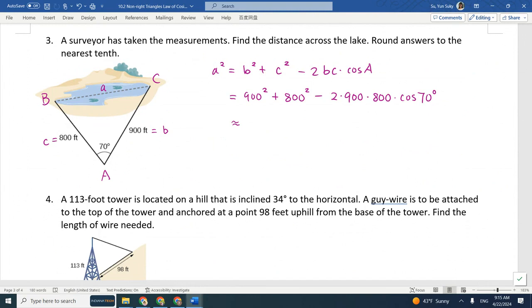Put everything in your calculator in one line. So, yeah, 957,490.9936.